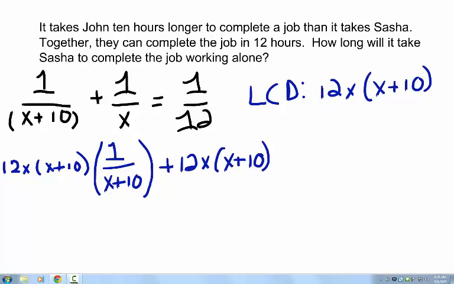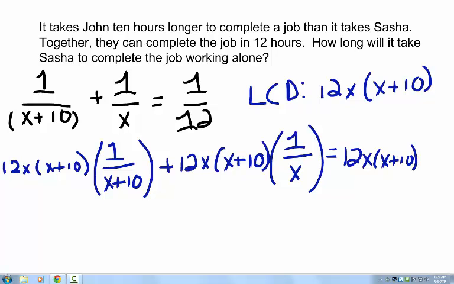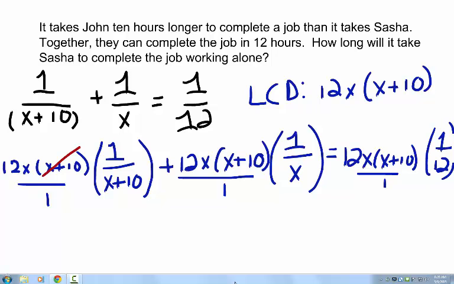I find that it's most helpful to write the LCD in front of each and every term in order to make sure that you cancel all of the terms that need to be canceled. So we can think of each of these lowest common denominators as over 1, and then we'll go ahead and cross-cancel terms wherever possible.